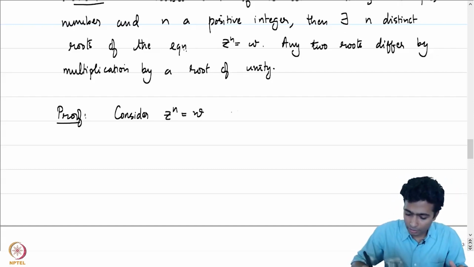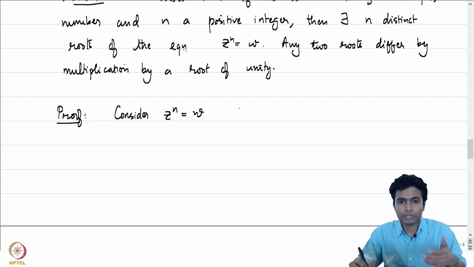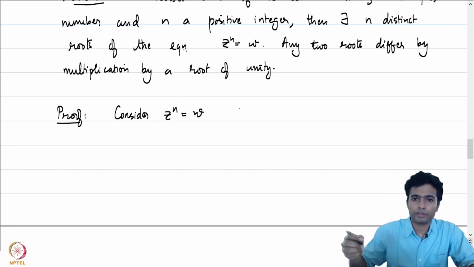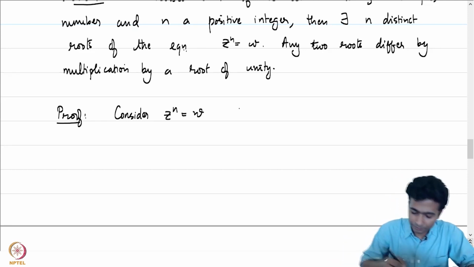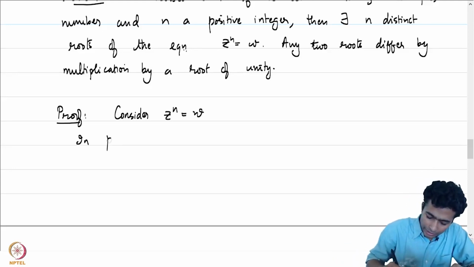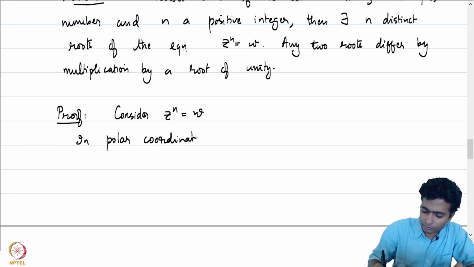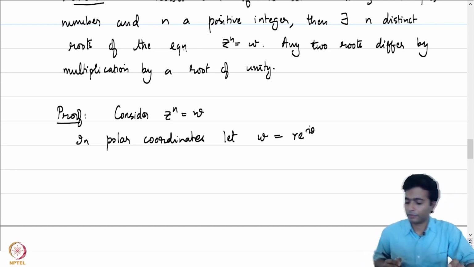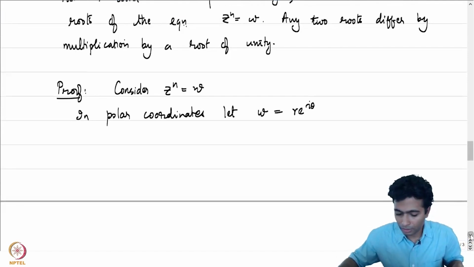And w in the polar representation is given by r e to the power i theta for some fixed r and theta. In polar coordinates, let w be equal to r e to the power i theta for some fixed r and theta.